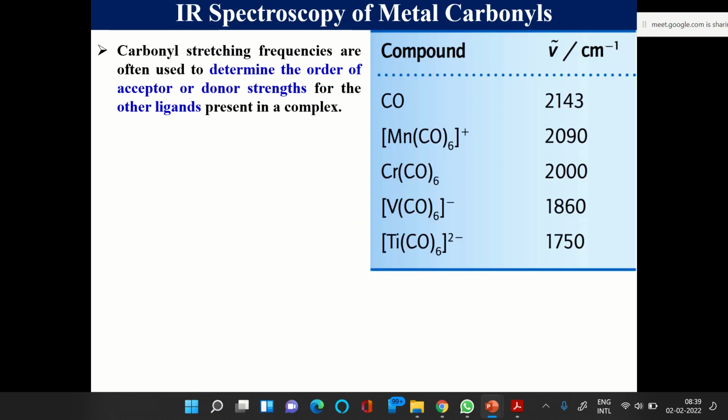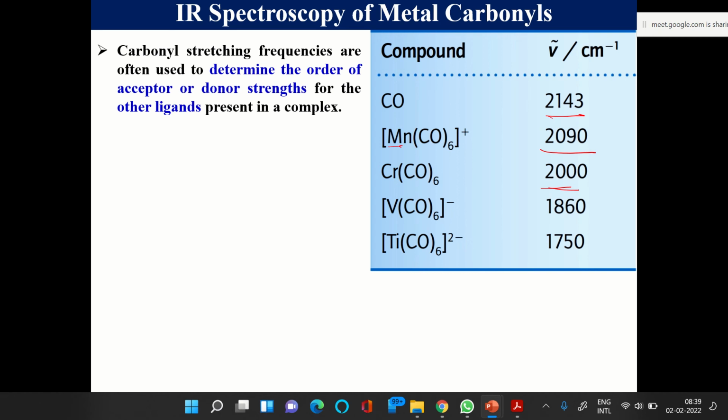And as we discussed in the last class, you can see here CO 2143, 2090. Look at the metal: as more and more electron density is transferred to the CO through the pi back bonding, the bonds are becoming weaker.